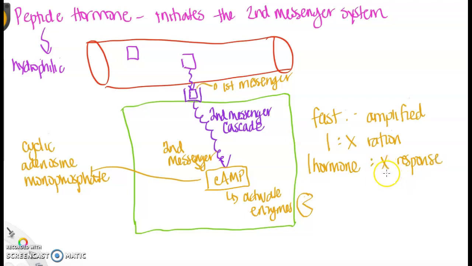It can cause one response, it can cause 10 responses, it can cause 100, it can cause 1,000. So this effect, again, is amplified. So it can cause a really big effect.